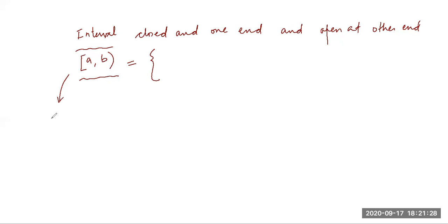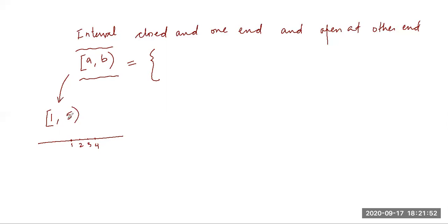So if I say, let's say, 1 comma 5, what does that mean on the number line? 1 to 4. Perfectly right. 1, 2, 3, 4. 5 is not included.